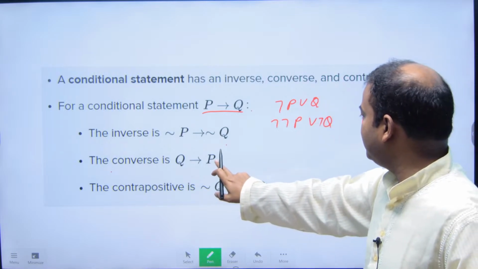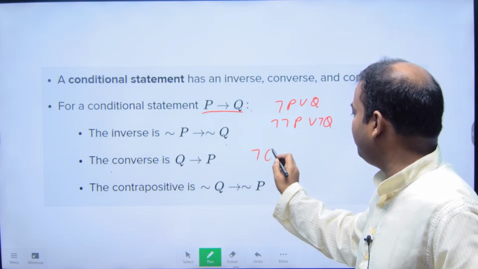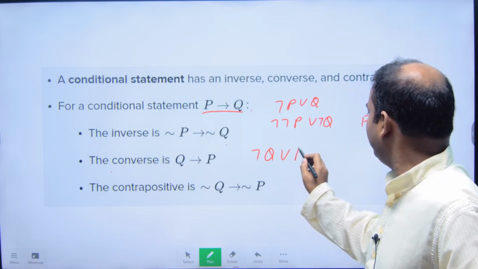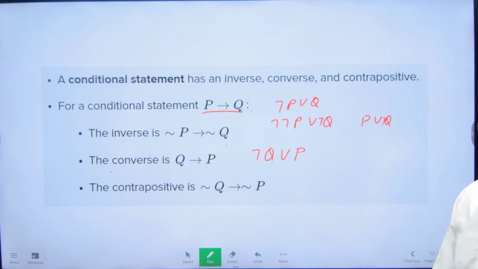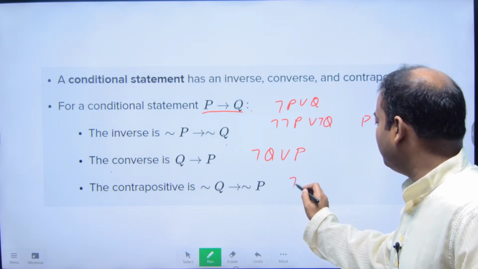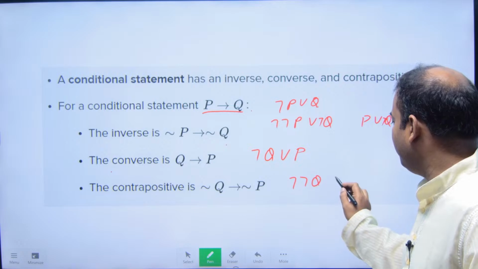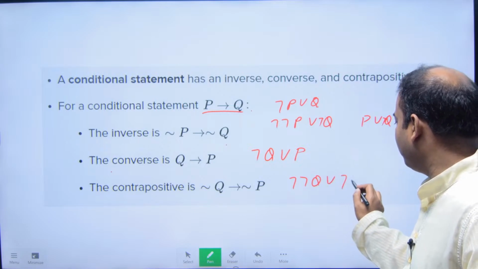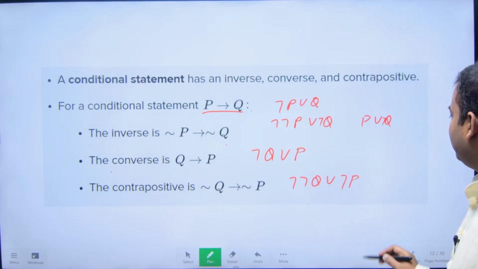What about this? This is not of Q or P. Okay. What about this? This is not of Q or not of P. So this is what?